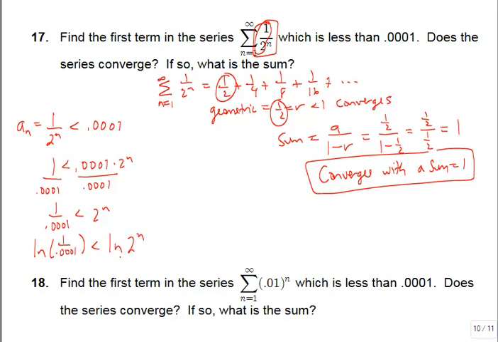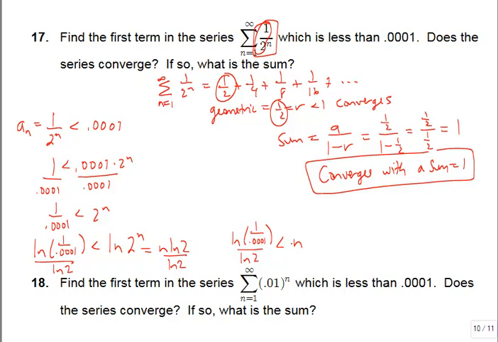If I take an ln of both sides, then I can bring this n down and then divide both sides by ln of 2. So the n that's going to work is ln of 1 over 0.0001 over the ln of 2, and that's going to be the very first n.